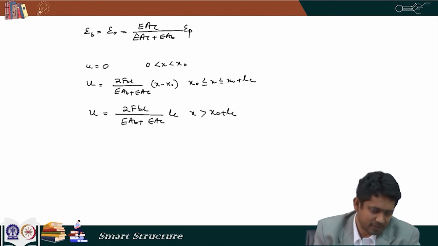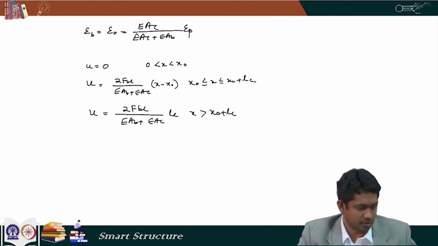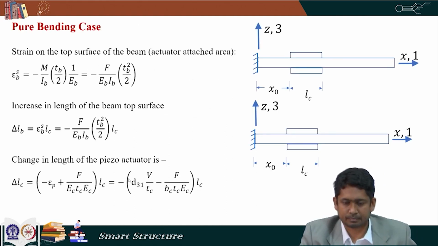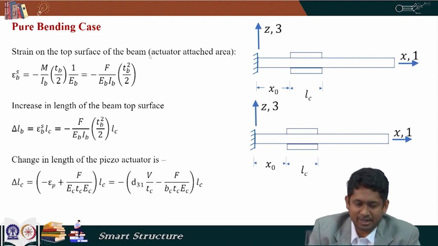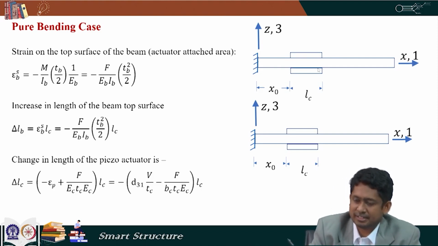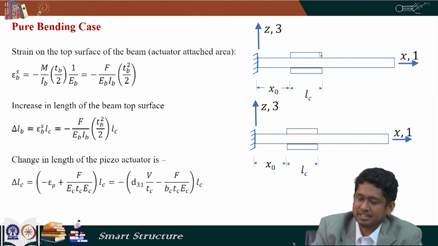Now, we will go to the next case where we will see a bending effect. So, this is a pure bending case, and again here the actuation is opposite. If it is plus here, it is minus here; if it is minus here, it is plus.